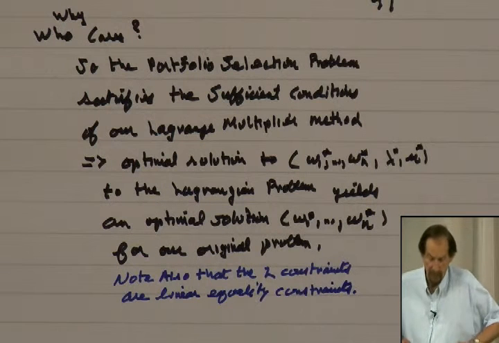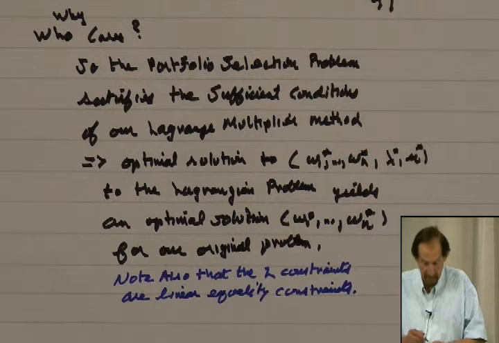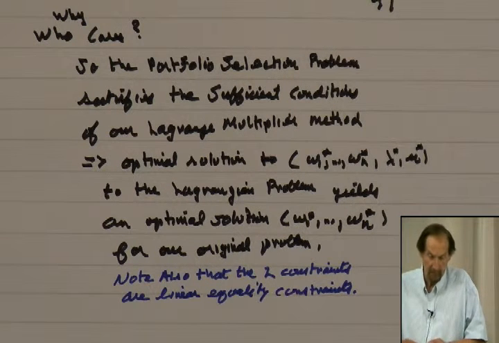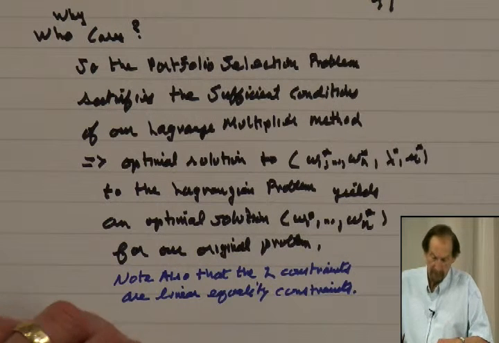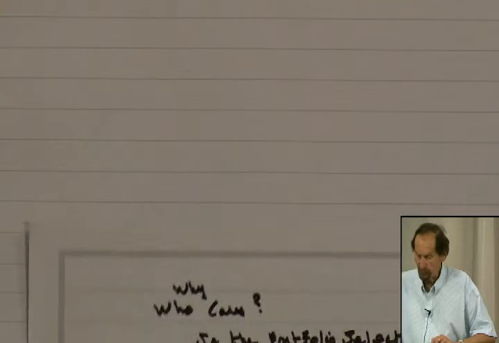So if we have linear constraints and we're minimizing and we have a convex objective function, then the Lagrange multiplier method is guaranteed to give us an optimal solution. All we do then is just solve for the necessary conditions. Okay. This kind of puts to rest our portfolio chapter, which is a long chapter, and it's very important.